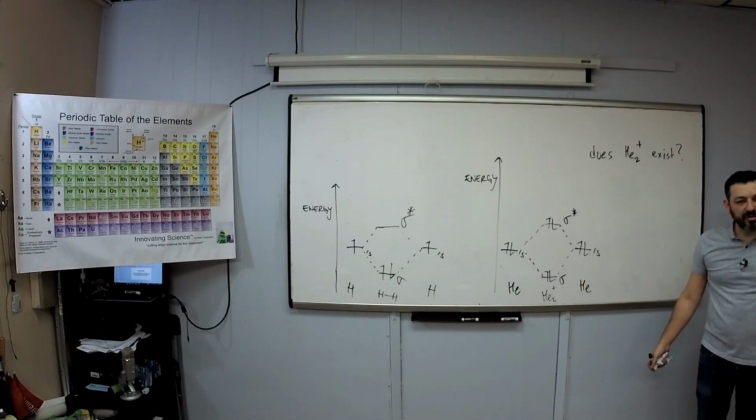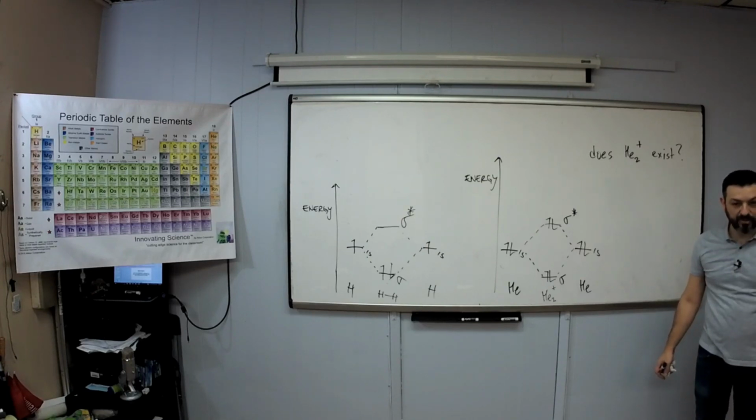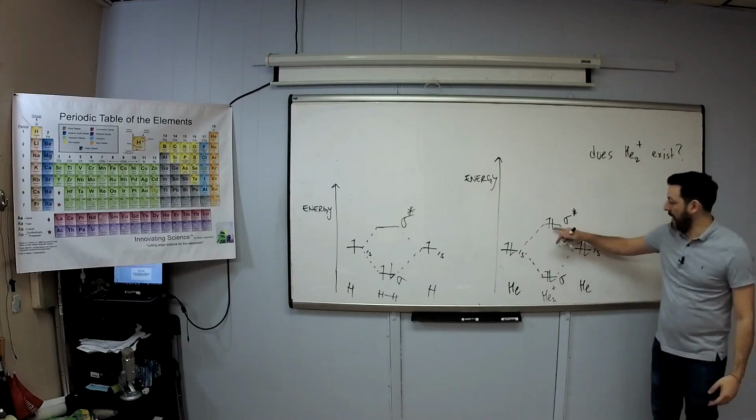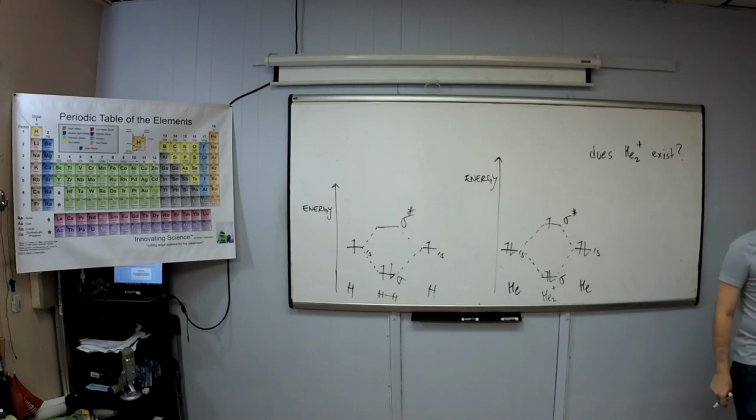Where do you remove electrons from? You always remove outer electrons before you remove inner electrons. So if we remove an outer electron, does helium-2 cation exist? Not helium-2 plus, but helium-2 with a plus. I don't mean 2 plus, not a double positive charge.